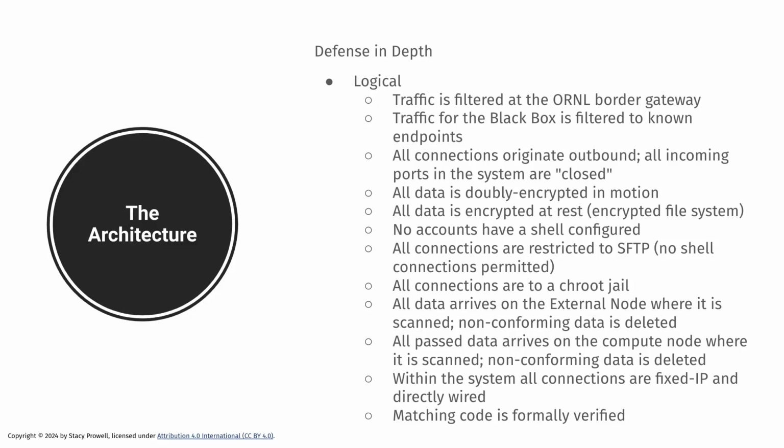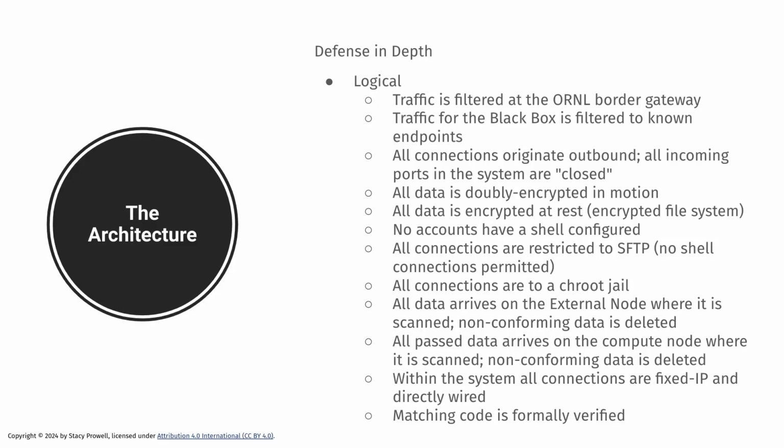All data arrives on the external node where it is scanned, and non-conforming data is deleted. Remember that EHARS format? We have a piece of software that has had proofs of correctness done on it, that checks to be sure that the data we receive conforms to the EHARS standard exactly.